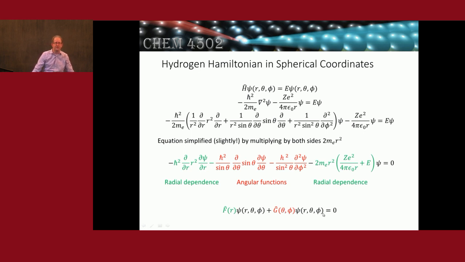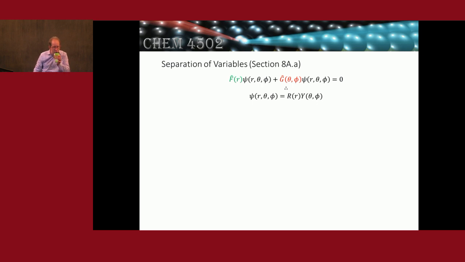And those equal to 0. What this suggests is that we can make a wave function which separates the angular and the radial components. And we can use the technique known as separation of variables. If you haven't taken differential equations and this technique is unfamiliar to you, just follow along. We're not going to be tested directly on separation of variables, but try and follow along so you can understand where this comes from.